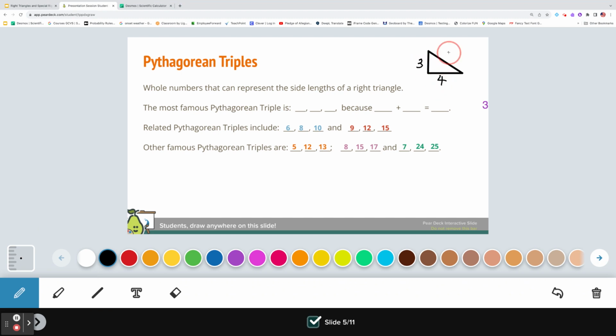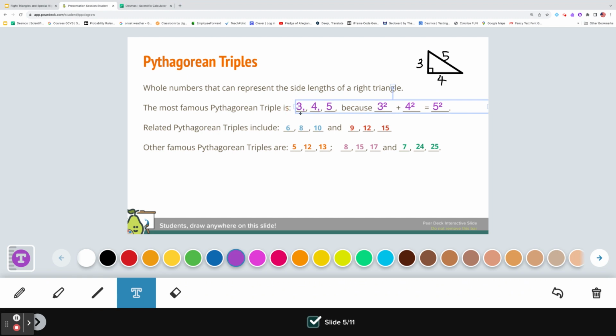That's the most famous triple. And many carpenters use the 3, 4, 5 to test if whatever they're building definitely has this right angle in it, okay? So the reason why 3, 4, 5 qualifies as a Pythagorean triple is because 3 squared plus 4 squared is equal to 5 squared. 9 plus 16 is equal to 25.